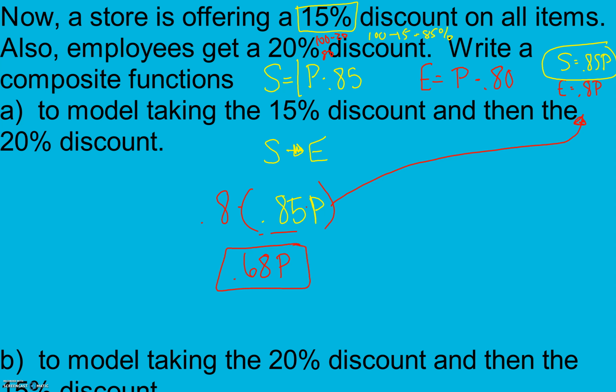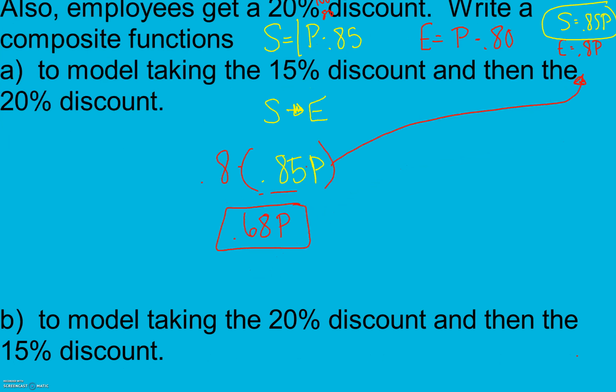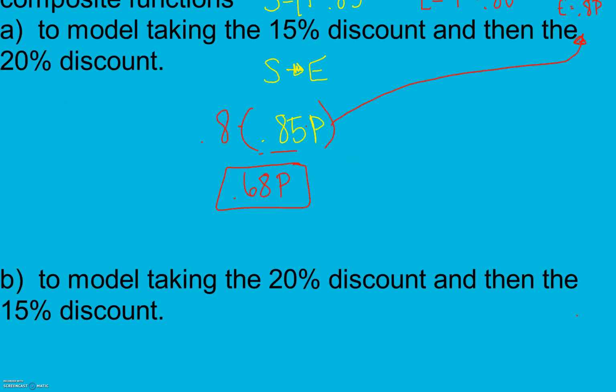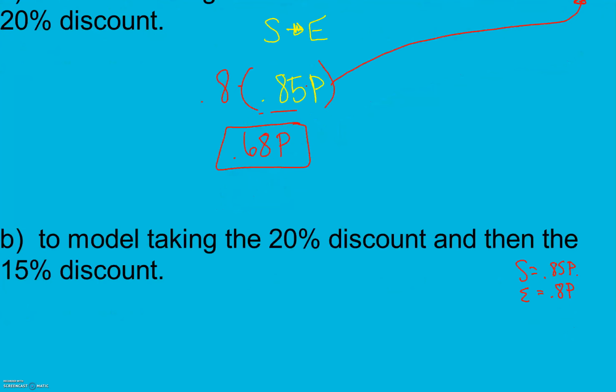Now, to model taking the 20% discount and then the 15% discount here, remember my store is 0.85p and my employee is 0.8p, 80% of my price. So we want to take the 20% discount, which is the employee discount, and then the store discount.